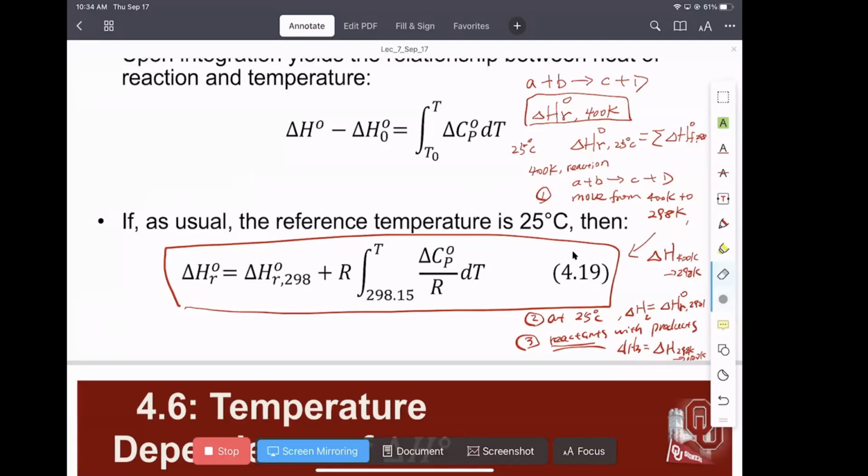And then once we finish the reaction, we may have the pure products, and we may have some remaining reactants or partial reactants. For that mixture, we bring the system back to the final temperature of interest. Here is 400 Kelvin.